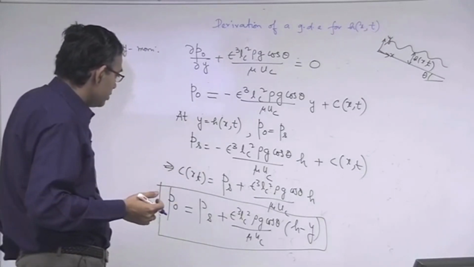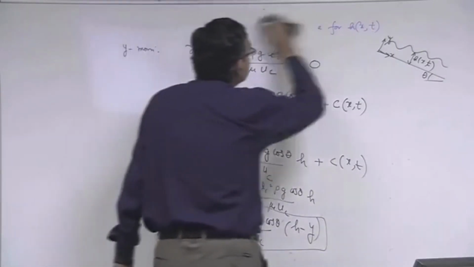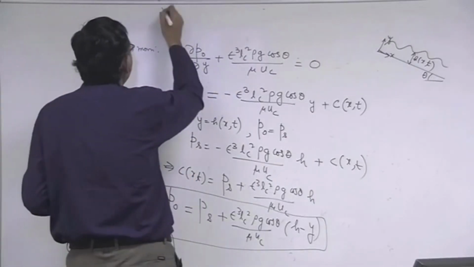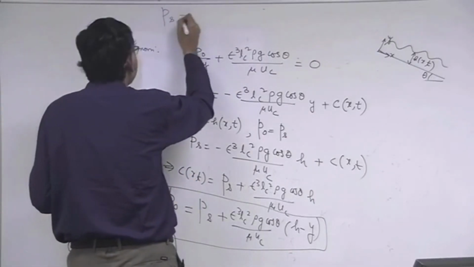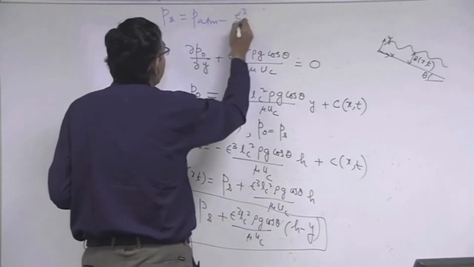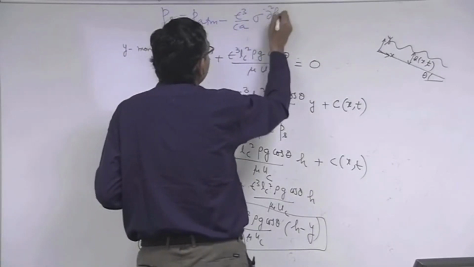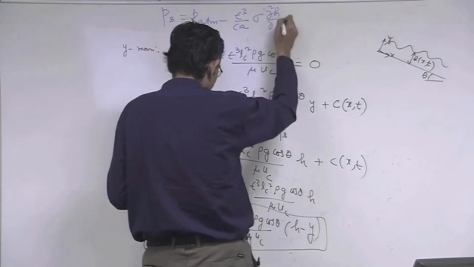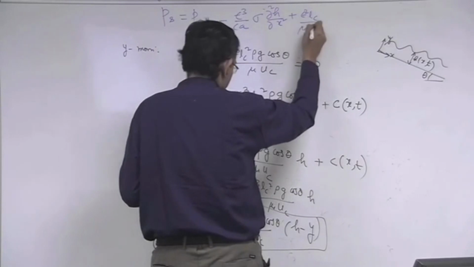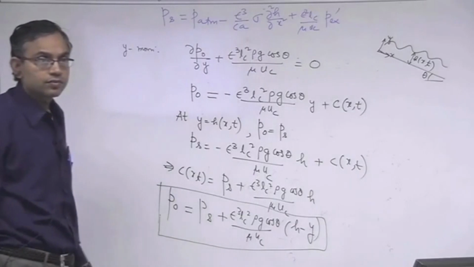So what is Ps? If you look into your notes you will get this equation: Ps is equal to P atmosphere minus epsilon cube by capillary number sigma del square H del x square plus epsilon square LC by mu UC, this one.